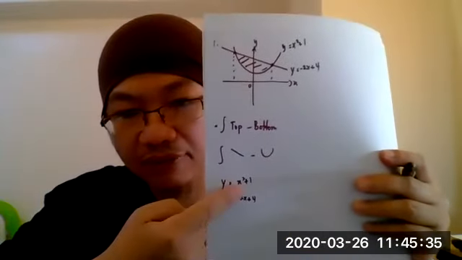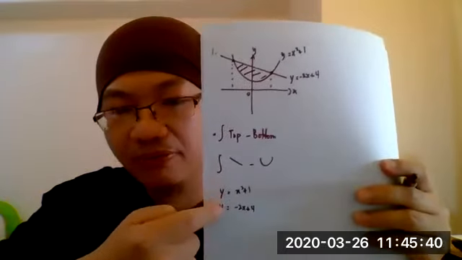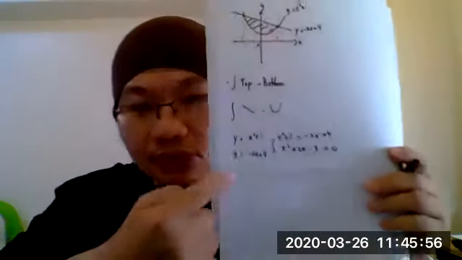According to the simultaneous method, both of them have y as the subject. So x squared plus 1 equals negative 2x plus 4. Right, we just rewrite like this, y for the first equation, y for the second equation. Both of them are equivalent. So we simplify both, then it becomes x squared plus 2x minus 3 equals 0, right?